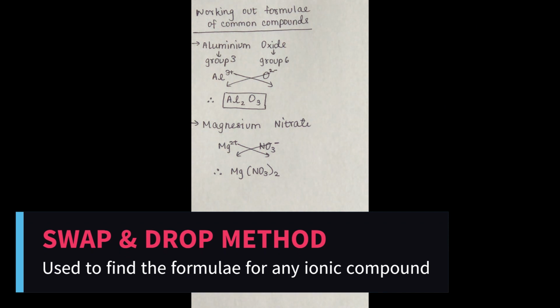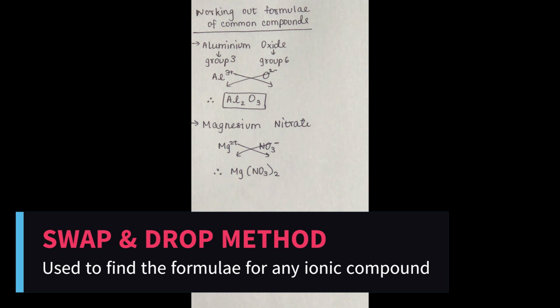Now this is a method of how we work out the formulae of common compounds, so it's more like cross multiplication. If we take the example of aluminium oxide, aluminium is in group 3, so it loses 3 electrons to form the Al3+ ion. Oxide is basically oxygen and it's in group 6, so it gains 2 electrons to complete its octet.